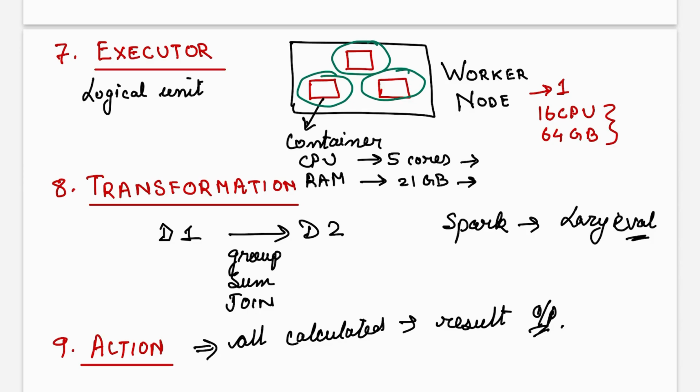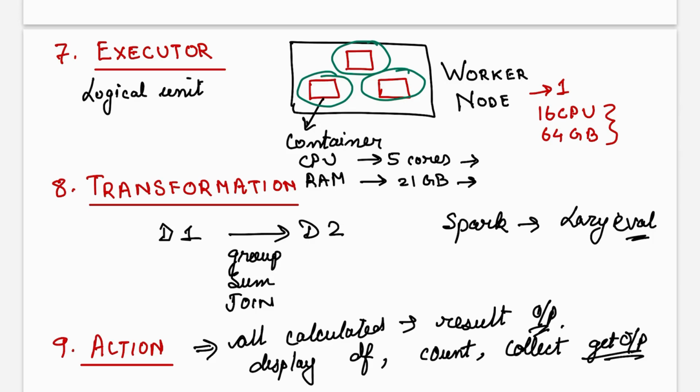For example, if you want to display your data, display your data frame, count the data, or perform a collect operation to get your output, the data is given to you as a result.